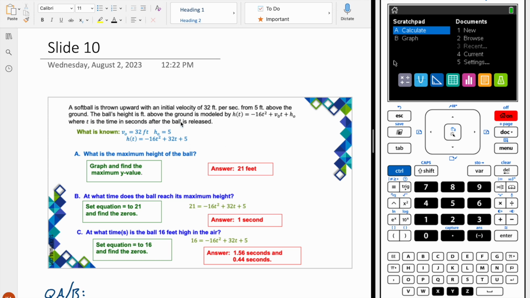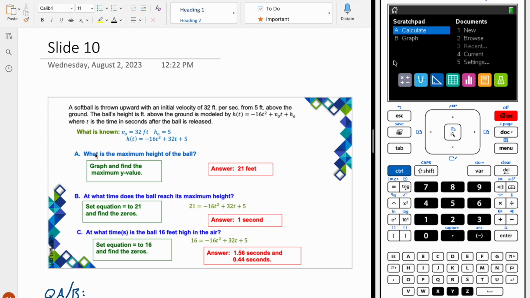We know that h of t is equal to negative 16t squared plus v0 t plus h0. What is our initial velocity? Well, our initial velocity is 32 feet per second. This replaces our v0. Once that replaces the v0, and we use our initial height, which is 5 feet, we come up with this secondary equation that is right here.